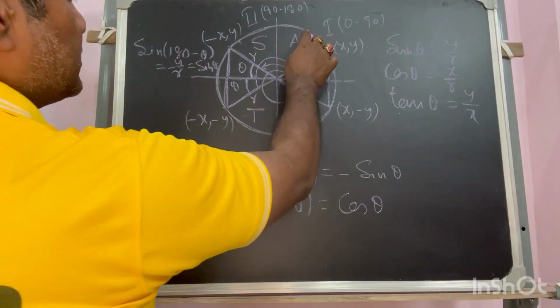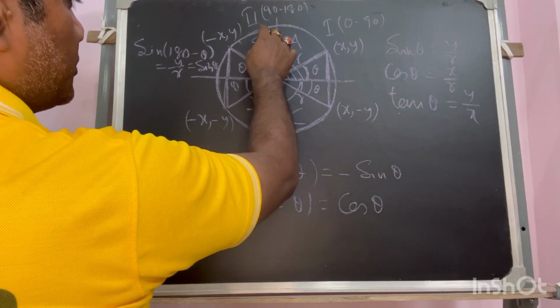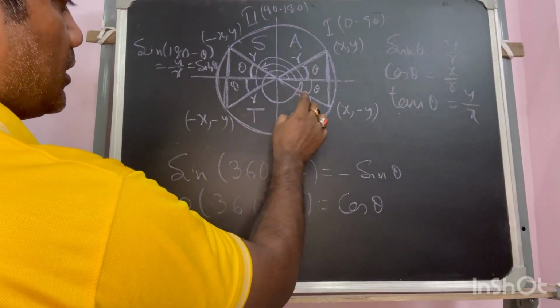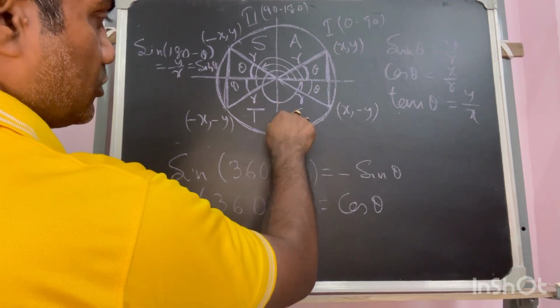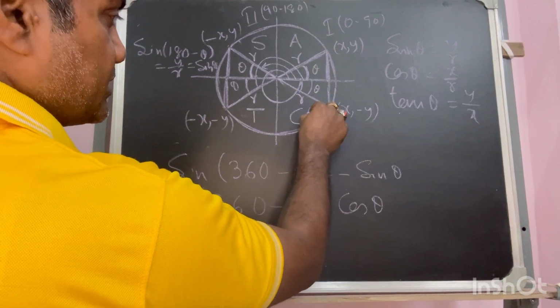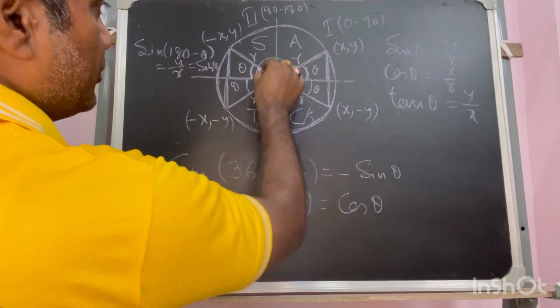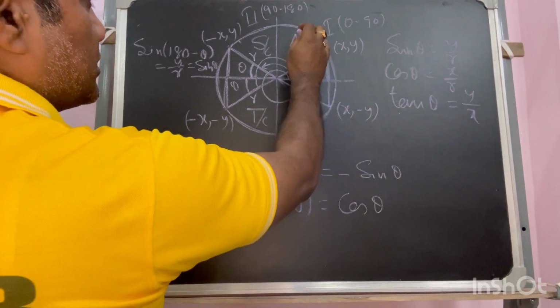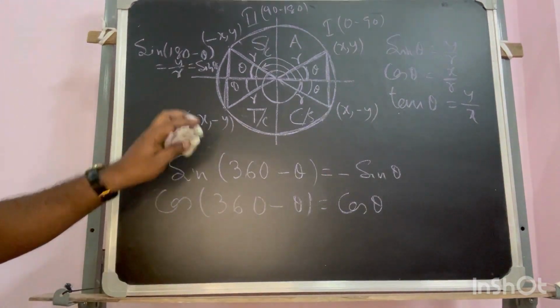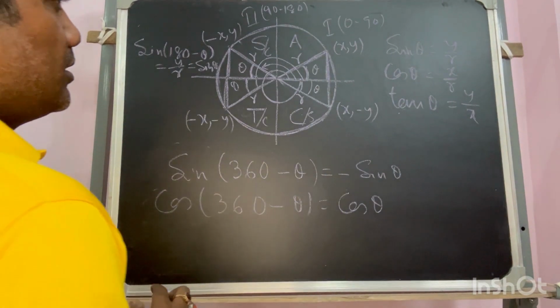That means all are positive here, sine is positive here, tan is positive here, and cos is positive here. Correspondingly, the inverses are also positive. So cos with sec will be positive, tan with cot will be positive, sine with cosec will be positive, and all means all ratios are positive. So this is the one case I established.